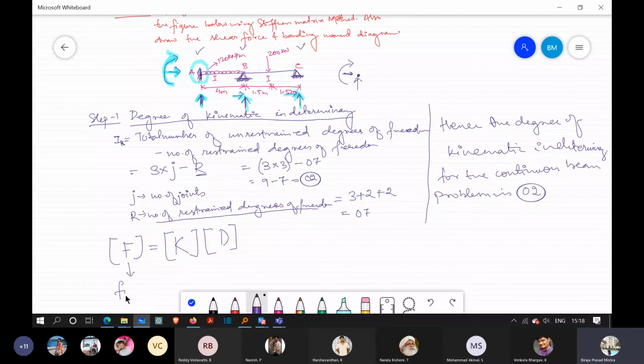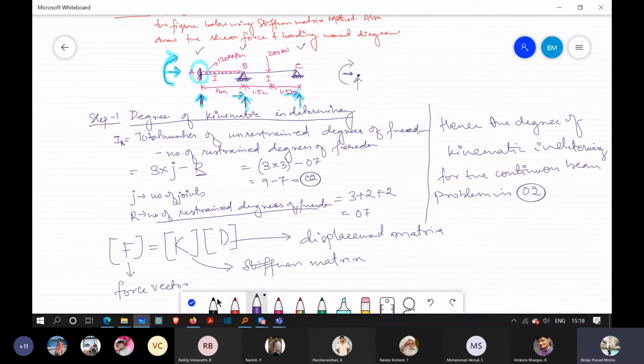F is the force vector here. K is the stiffness matrix and D is the displacement matrix.